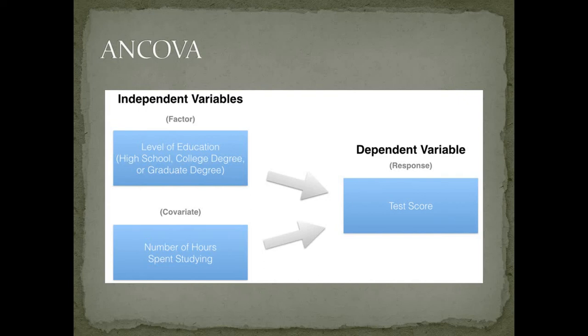So your test score becomes dependent, and the level of education and number of hours spent on studying become independent. And the important point is that the independent variables are mixed, which means one is categorical, the other is continuous, and your dependent variable is continuous. So such kind of situations is handled by ANCOVA, that is analysis of covariance.